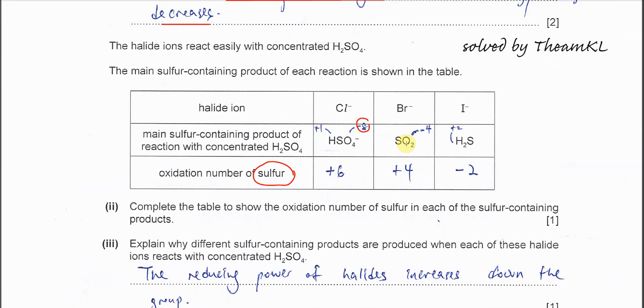This one, SO2: -2 times 2, so it's -4. So sulfur must be +4, because the molecule is neutral. H2S: hydrogen is +1 times 2, +2. Sulfur needs to be -2 because the molecule is neutral.